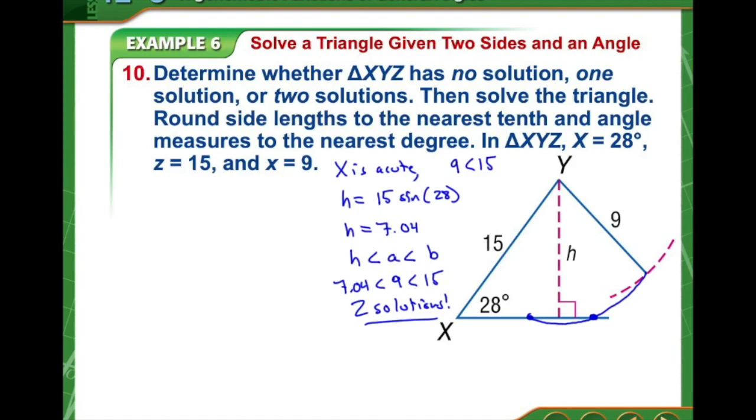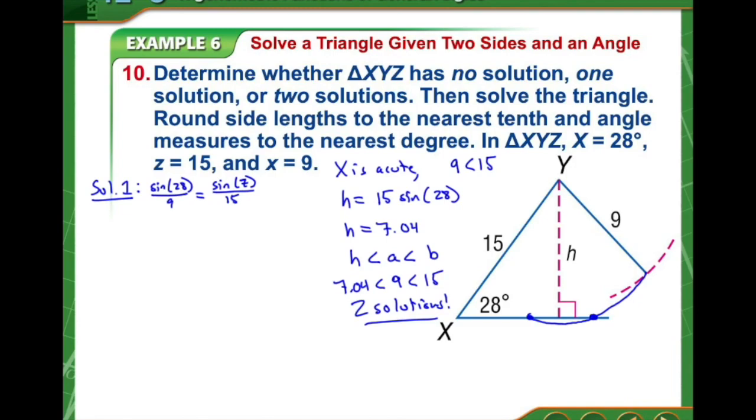So our first solution, solution 1. We're going to do sine of 28, because that's the angle we do have. And that's going to be over 9, because that's the side opposite the 28, equal to, the angle it's missing is Z, because the triangle is XYZ. So sine of Z over 15.